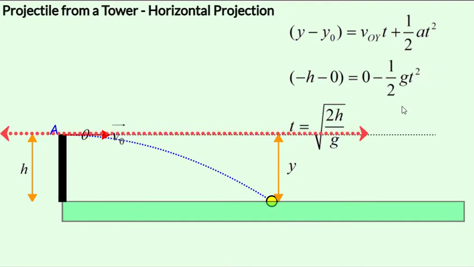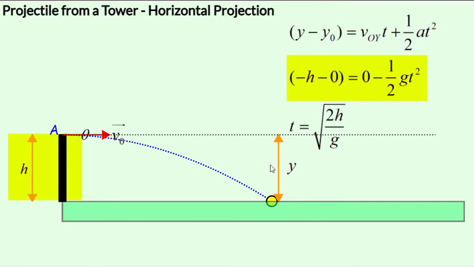Our reference line is the horizontal line passing through the launch point A. The initial y displacement y0 is 0 since at that point in time the projectile is on the reference line. The final y displacement is minus h, where h is the height of the tower, and minus h since it lies below the reference line.